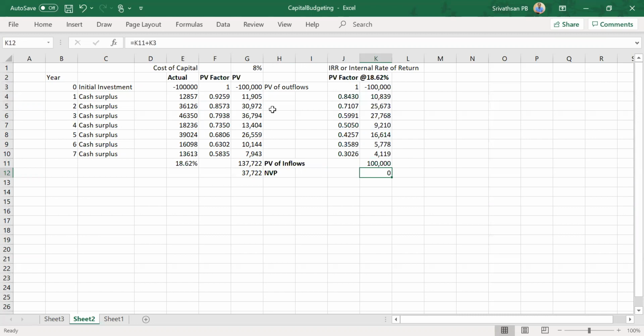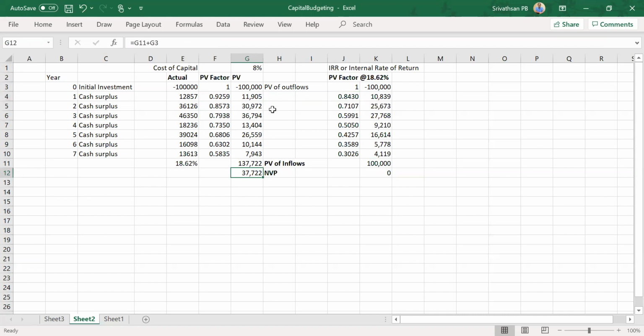Again, if you do it in Excel, it's pretty simple and straightforward. You can get to 18.62 quickly. However, if you have to manually calculate it, it's a bit tricky. So look at the NPV you get using some given percentage. It could be the cost of capital.